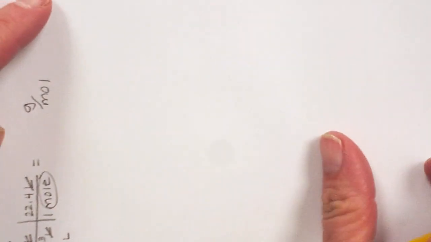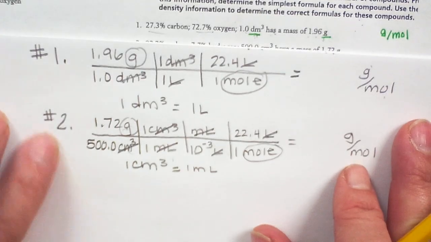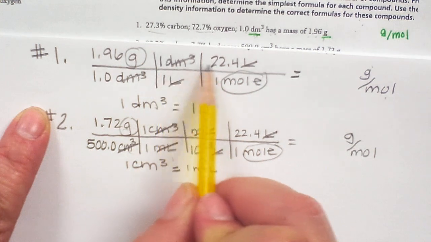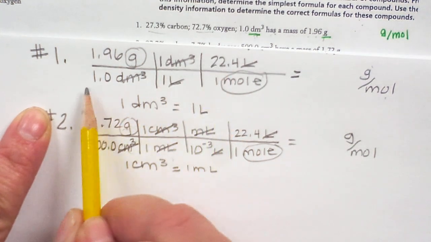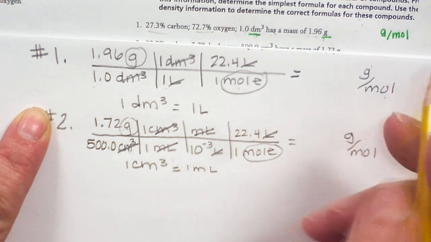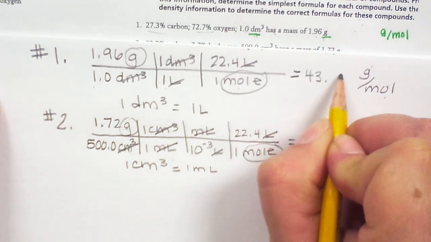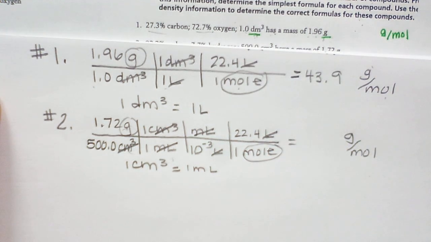So first I'm going to calculate my molar mass. All right? So I'm going to multiply across the top, and then I'm going to divide out the bottom, right? And when I do this, I get 43.9 grams per mole. That makes sense?